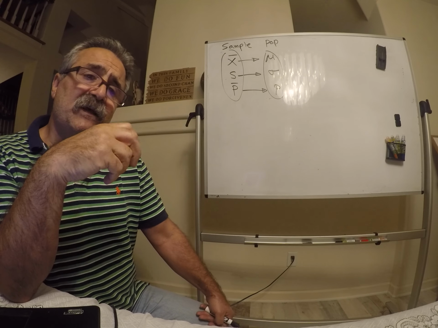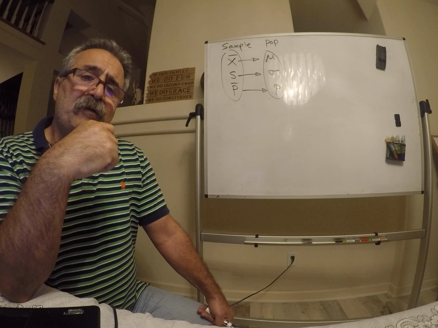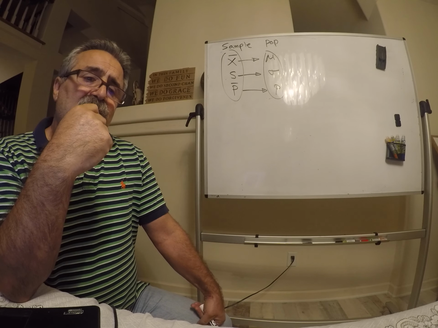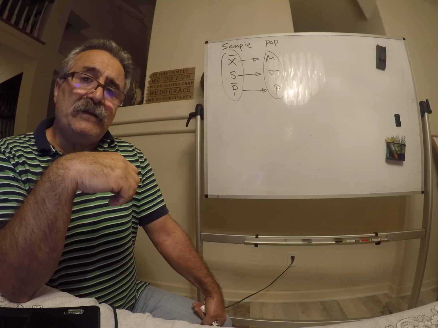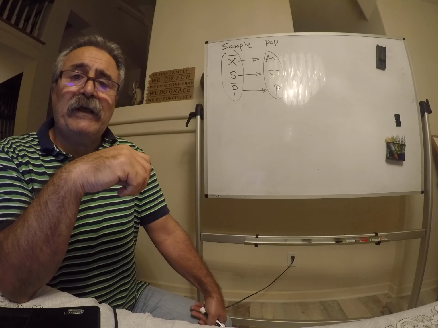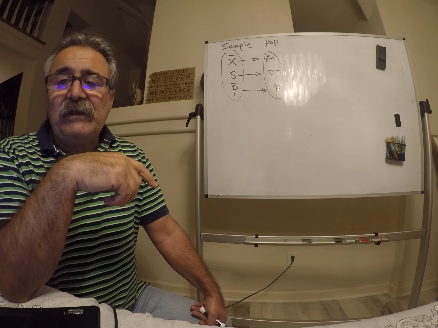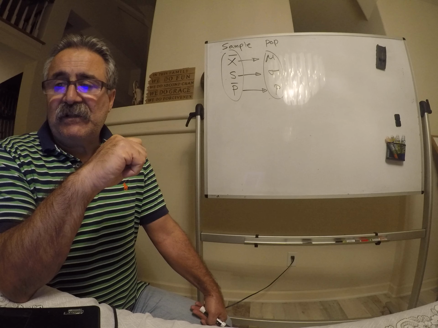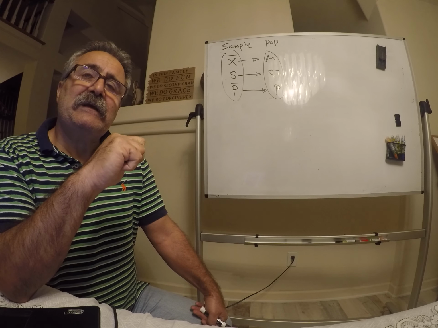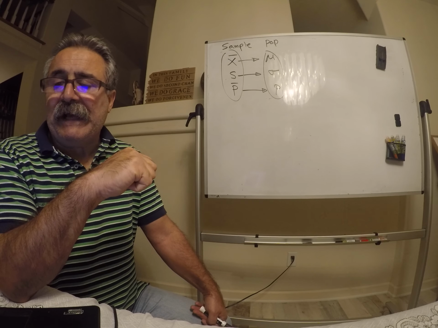When we are going to select our sample, it's very important that we show unbiasedness. To the degree that we show unbiasedness, to that degree our statistical research is credible and valid.